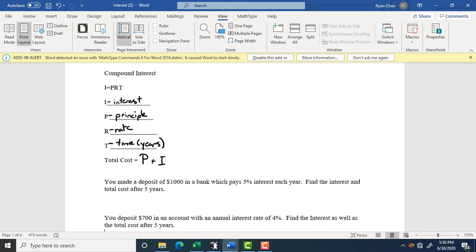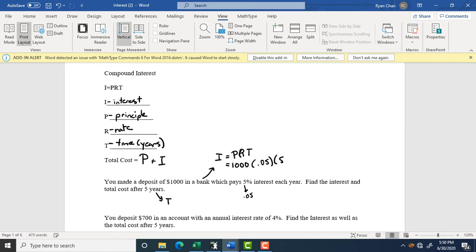So it says you made a deposit of $1,000 in a bank which pays 5% each year. Find the interest and total cost after 5 years. Okay, so to find interest, it's I is equal to P times R times T. My P is 1,000. My R is 5% or 0.05, and my T is 5 years.